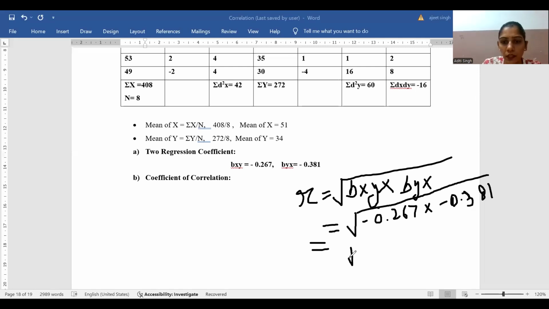So the answer is under root 0.1017. Okay.